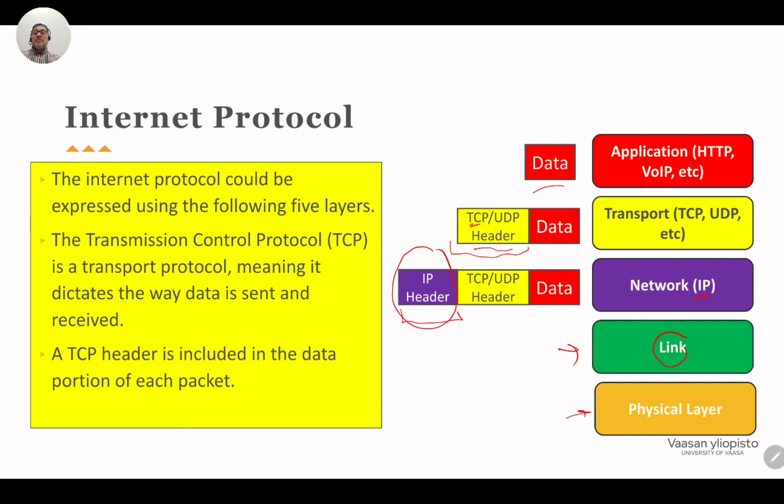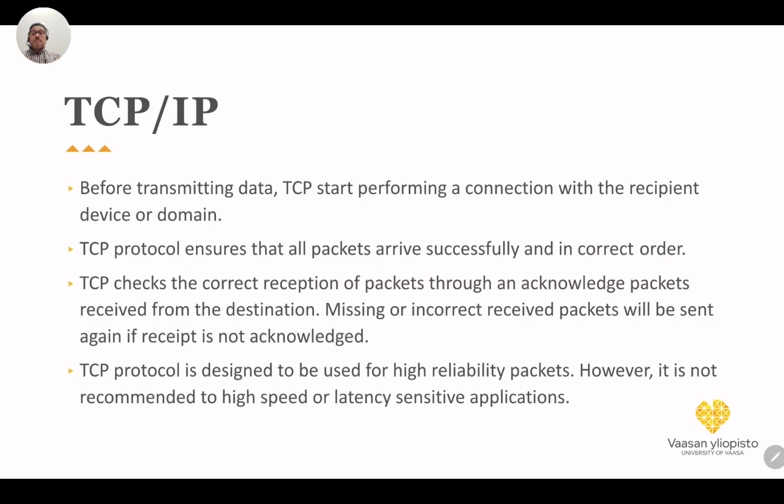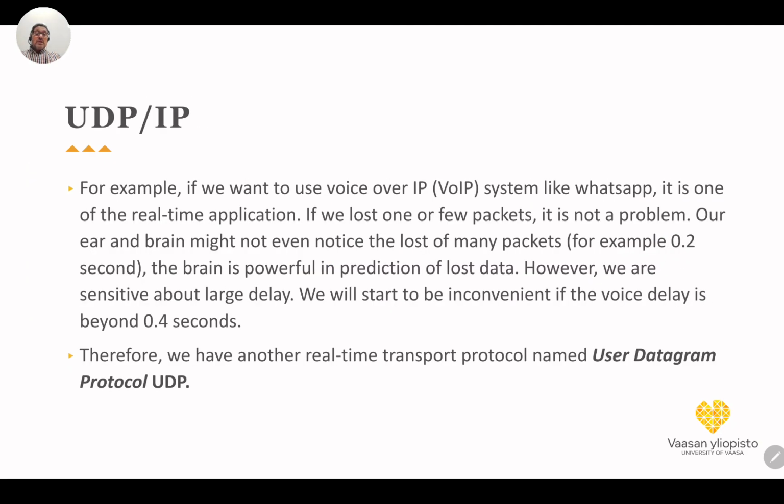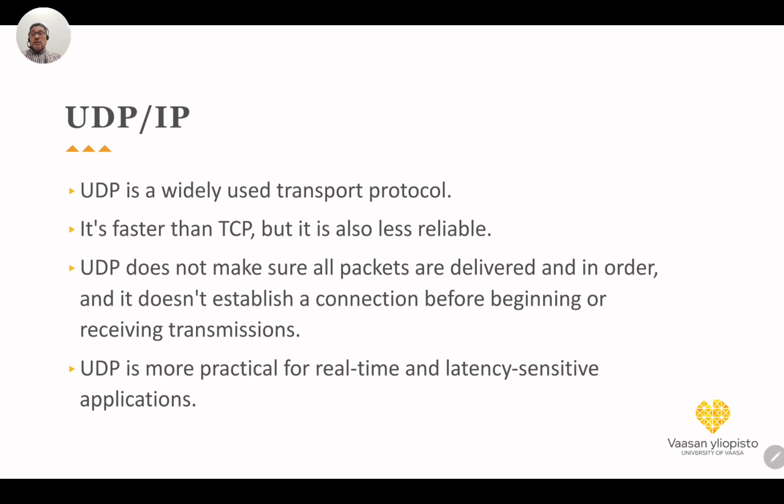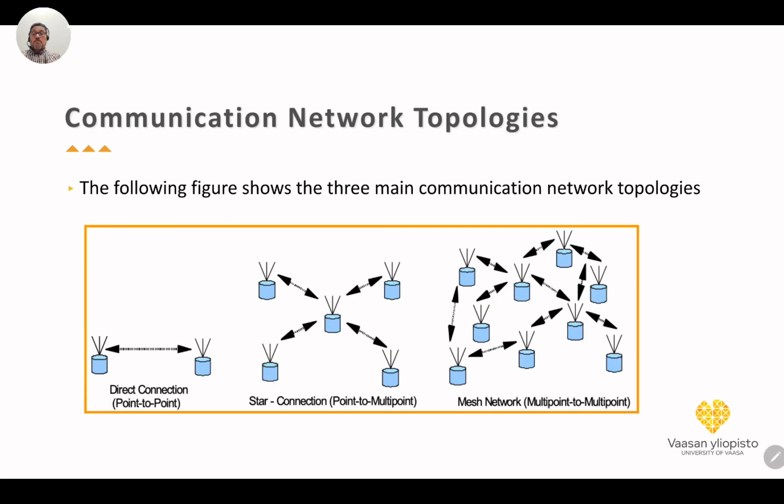And it can take any route in the network. Of course, sometimes we have limitations to minimize the delay, and we will talk about routing conditions later. So that's all about the TCP/IP and UDP/IP protocols.